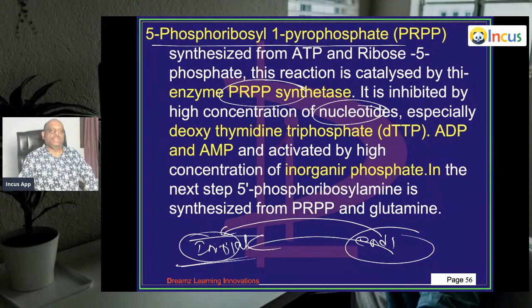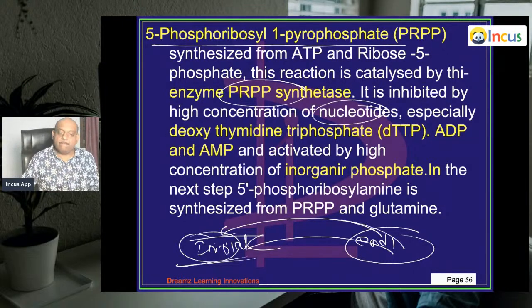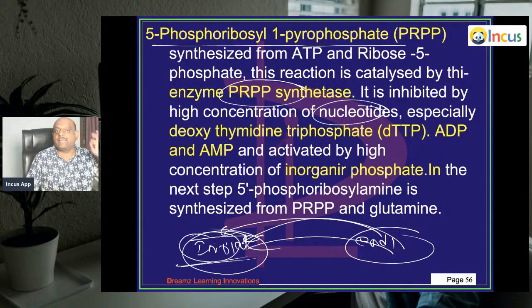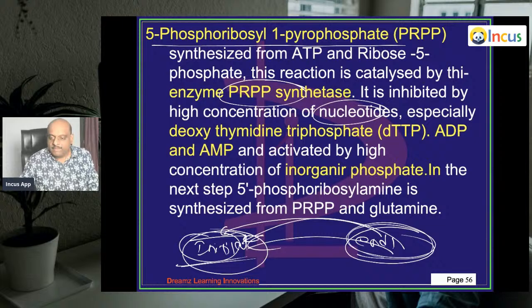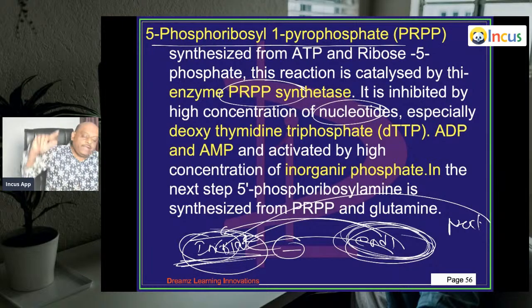So what is the end product? Nucleotides. So that nucleotide will come back and tell the initial enzyme PRPP synthetase, already a lot of nucleotides are produced, why do you want to work? So it will come and inhibit it. End products always lead to feedback inhibition, is what you need to remember.